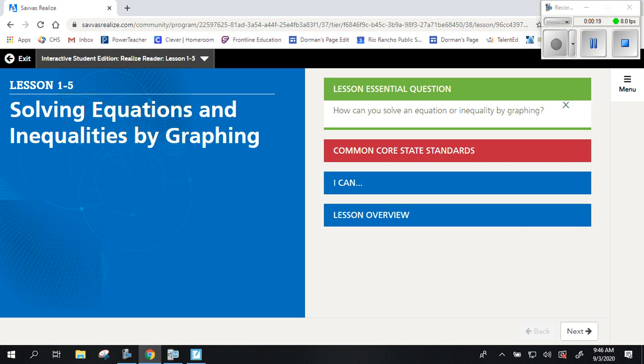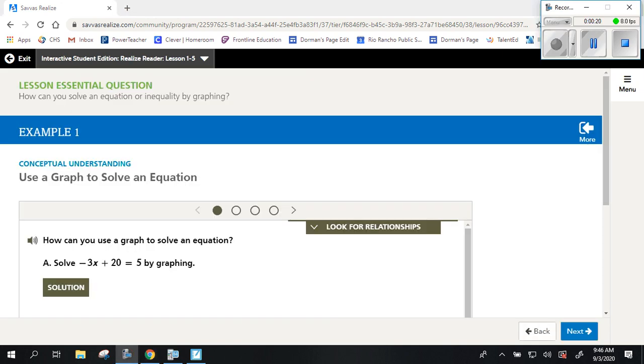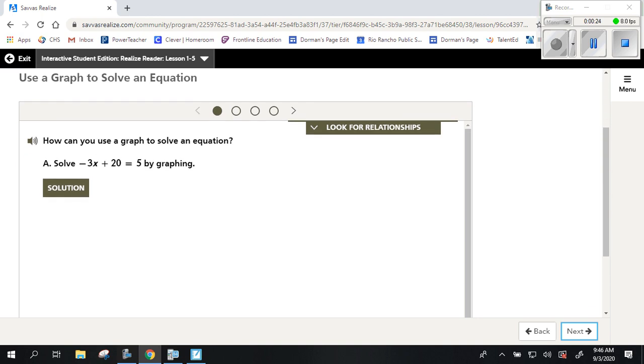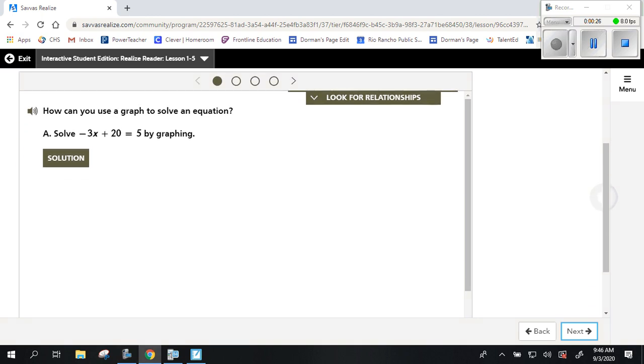We're going to start right away by doing an example. We're going to use a graph to solve an equation. We're going to be using our handheld graphing calculators quite a bit today. We also have this Desmos calculator here with our interactive text, and I'm going to use that a little bit as well.